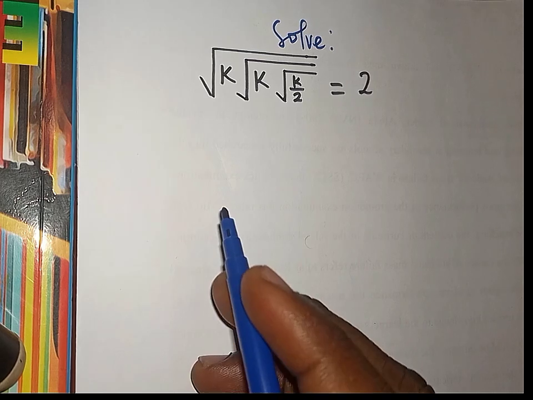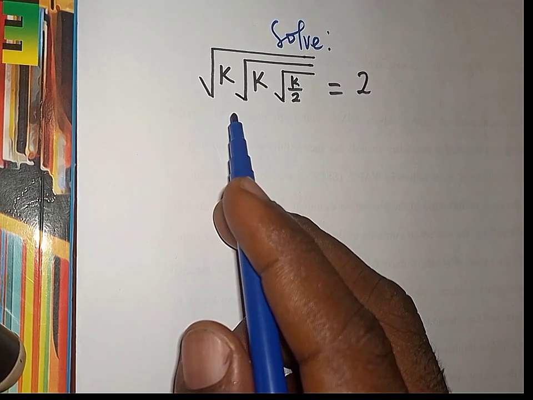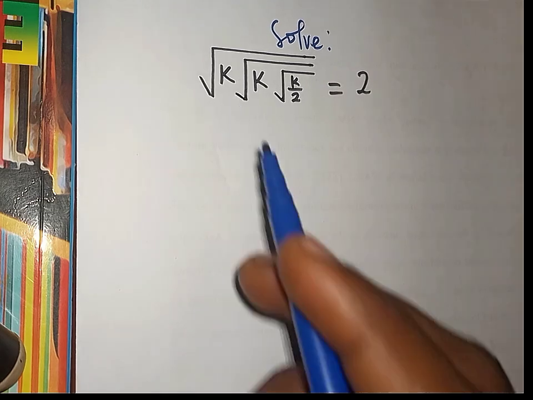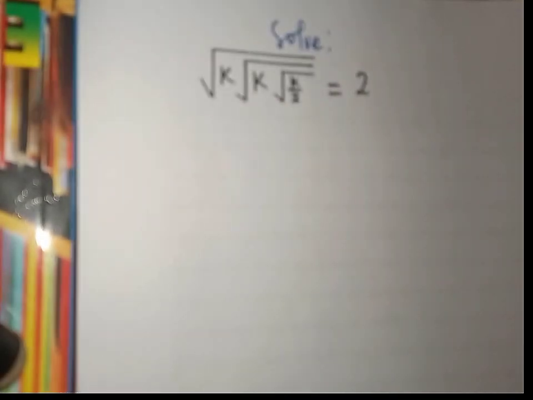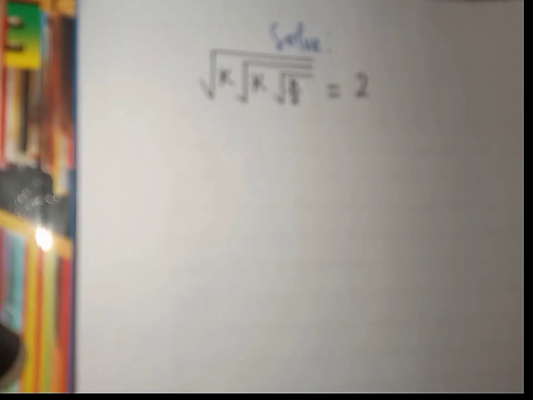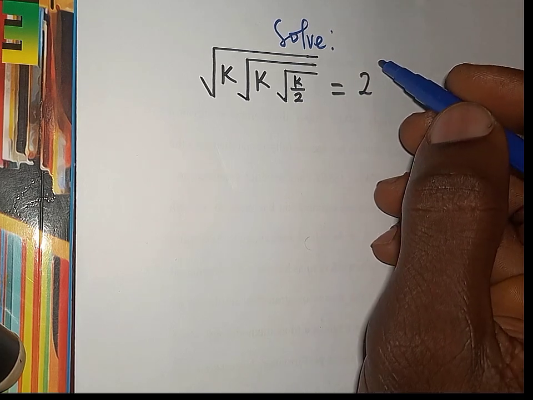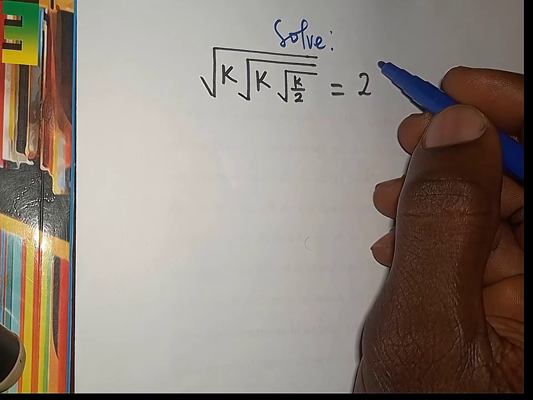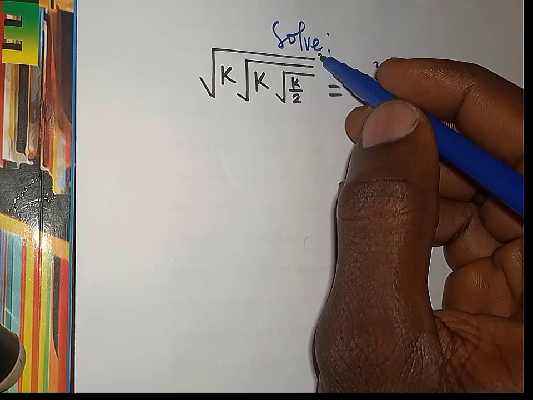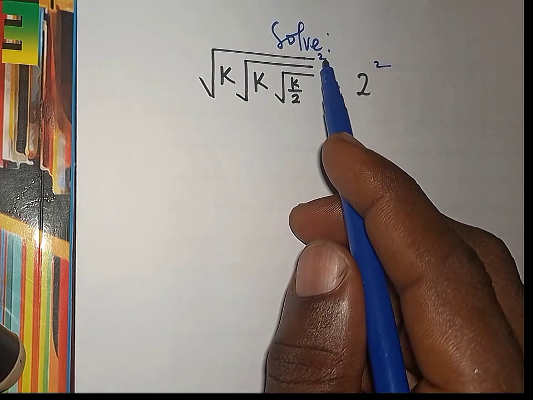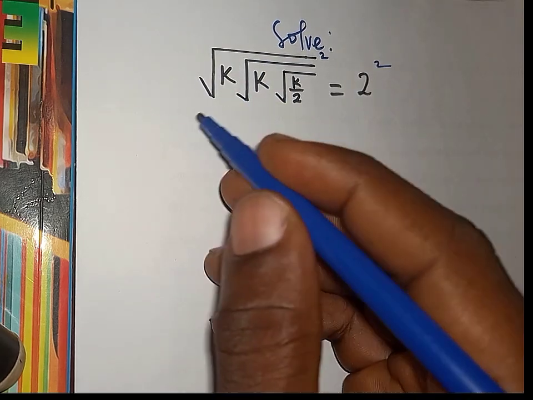So let's stay focused and see how we are going to unveil the value of k. From here we just square both sides. If I square both sides here, this square cancels the square root.